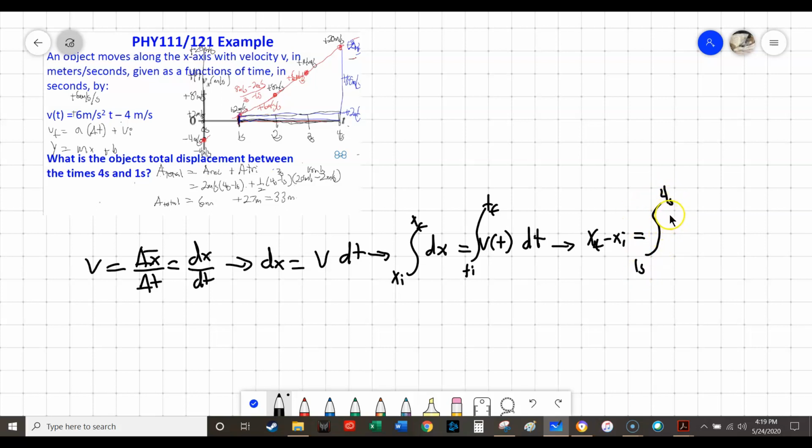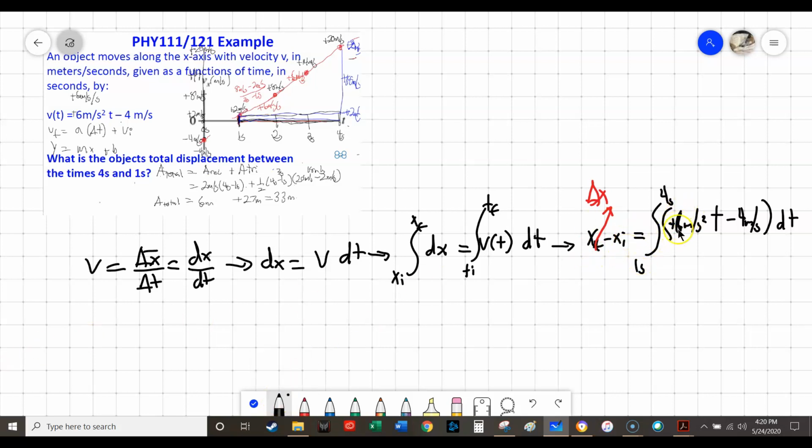And that v of t equation is positive 6 meters per second squared, t minus 4 meters per second dt. So this is our v of t equation right here. And I am just going to call this delta x. Okay. So I'm going to carry this down to here.